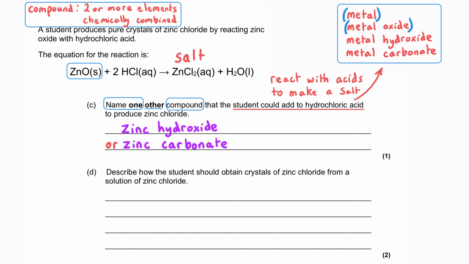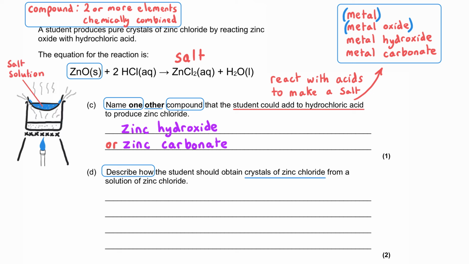And then in part D, we're told that we need to describe how the student could obtain crystals of zinc chloride from the solution of zinc chloride dissolved in water that we would have at the end of the reaction. And this has 2 stages. First of all, we need to heat our solution until crystals start to form.